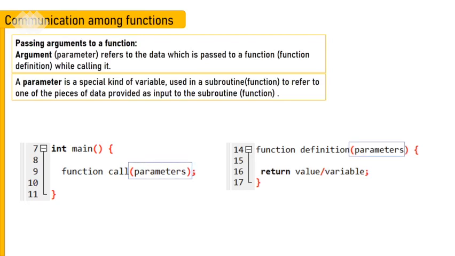In layman's terms, any variables that you put in between the parentheses of a function call or function definition, we will call parameters, because they are important to transfer or copy between two different functions, which are function main and function definitions.